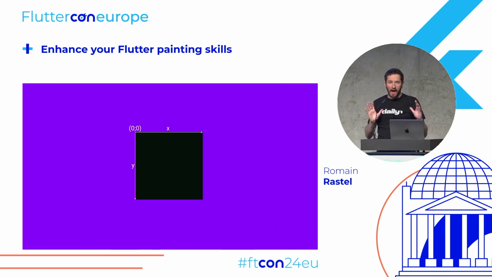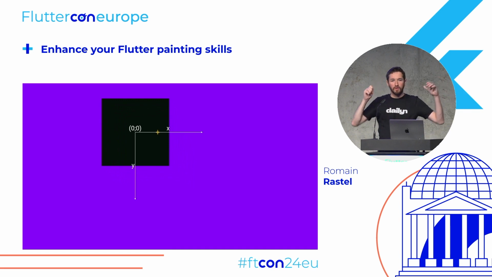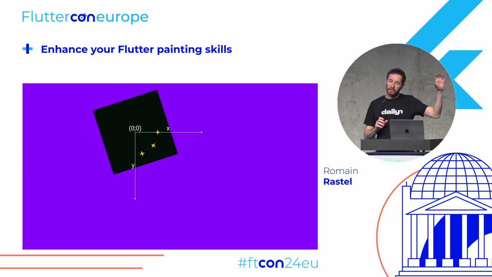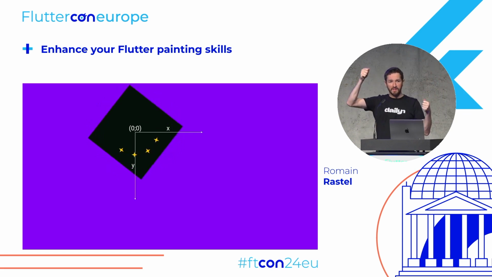Now, I will show you an animation representing what happens behind the scenes when we call the save method on the canvas for creating our sparkles we saw before. So first, we translate the canvas so that the origin will be the center of the outer circle. Then we draw a sparkle at a specified offset. Then we rotate the canvas.